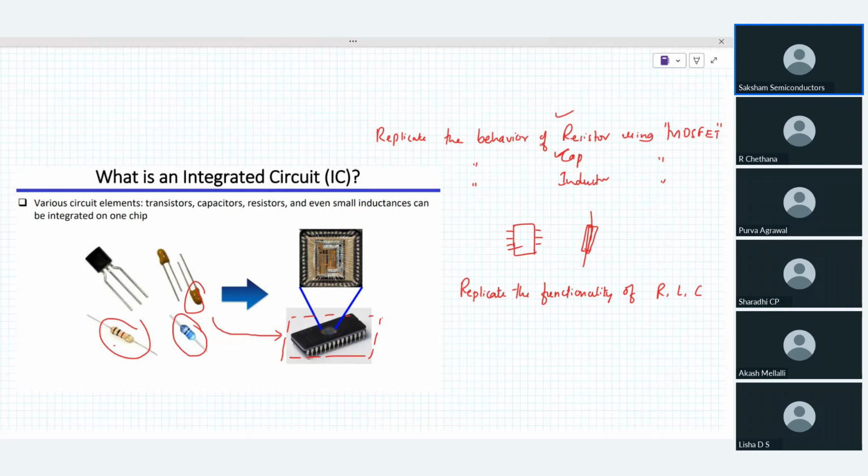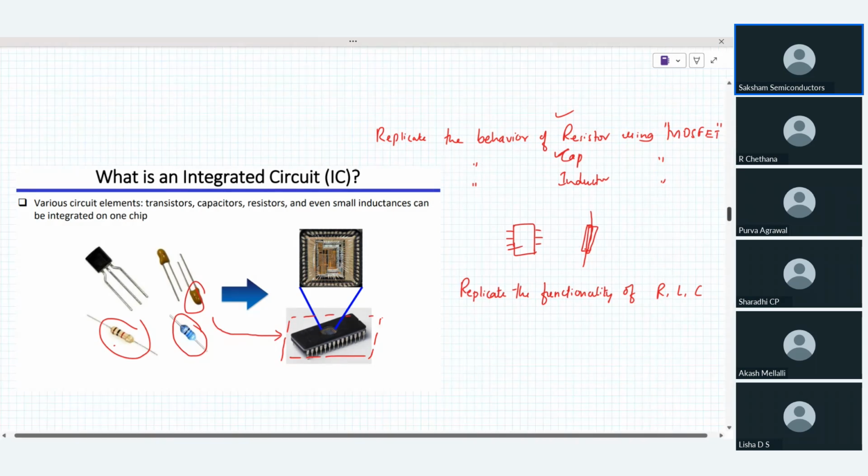In due course of time, you'll be able to see how my MOSFET is going to behave as a resistor and capacitor. The inductor portion, maybe down the lane, we'll focus on at a later stage. But how I can see the behavior of my MOSFET as R and C, we will see possibly in a couple of sessions from now.